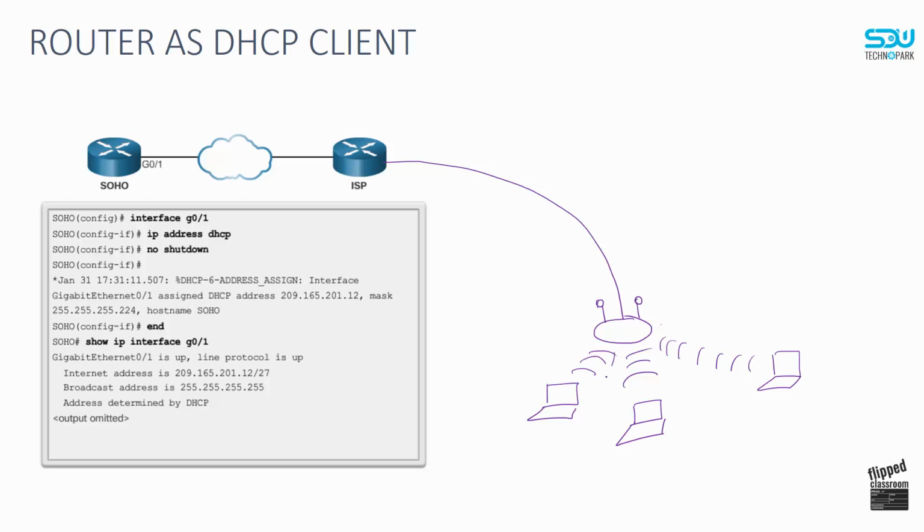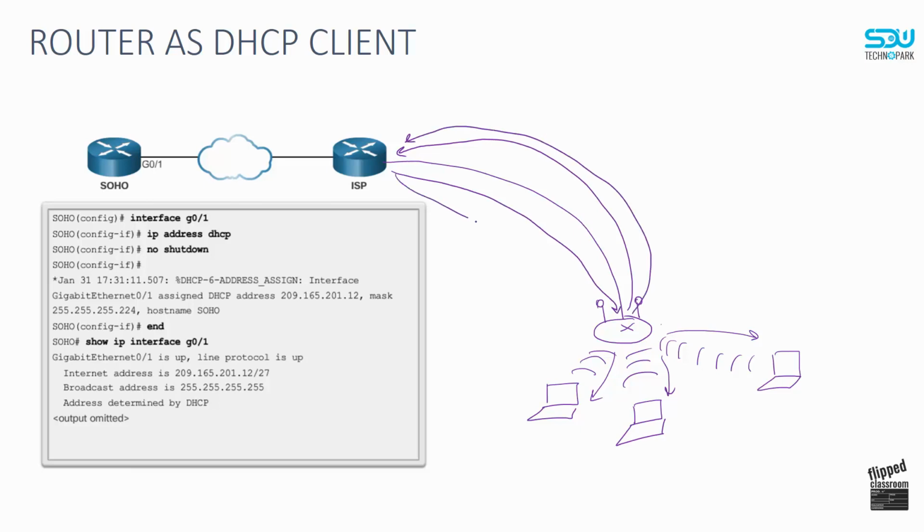So it's giving replies with IP addresses, and also it is connected to the ISP, and it is making a DHCP discover, and it is getting the DHCP offer, and it is making a DHCP request, and it's getting DHCP acknowledgment by itself.